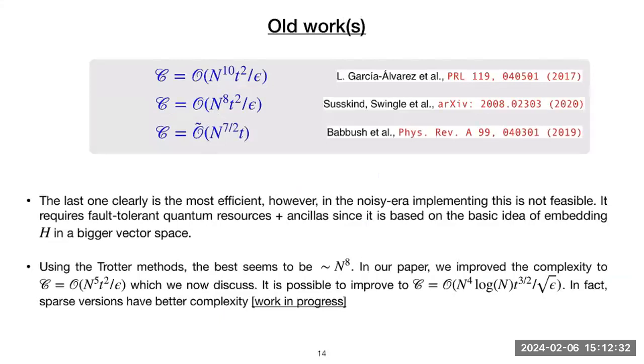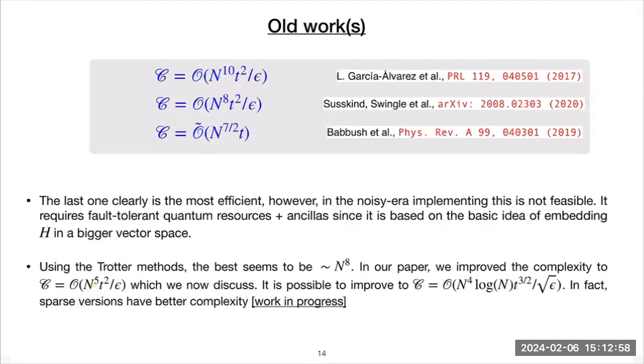If I fix t and epsilon, it increases like n to the 10th. And this increases like n to the 8th. These are all very expensive. So what we started with doing was we used some fancy methods, well, not fancy, but well-known methods, though probably not so well known for physicists, well-known methods from computer science, and we reduced this complexity to n to the 5.